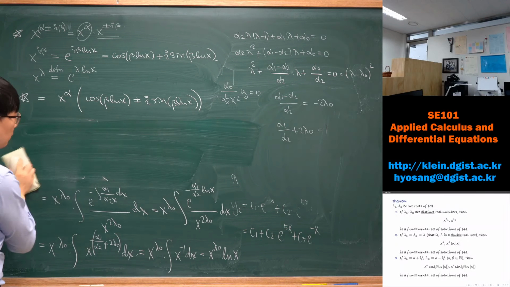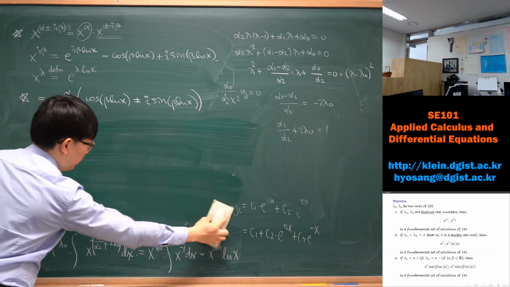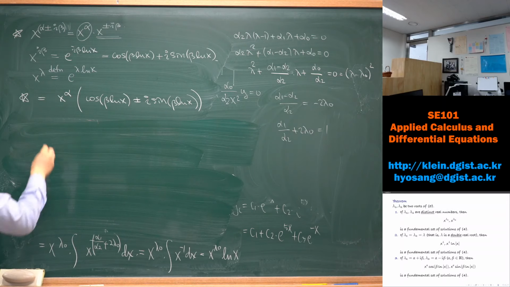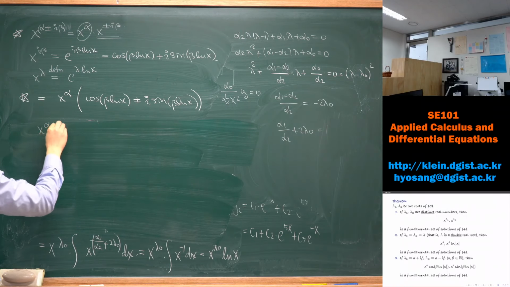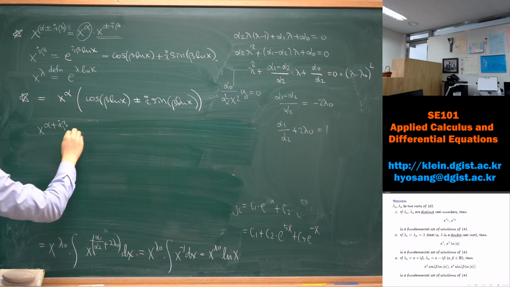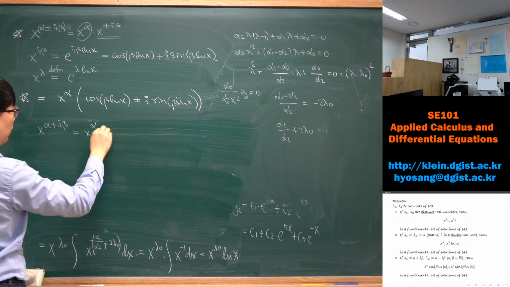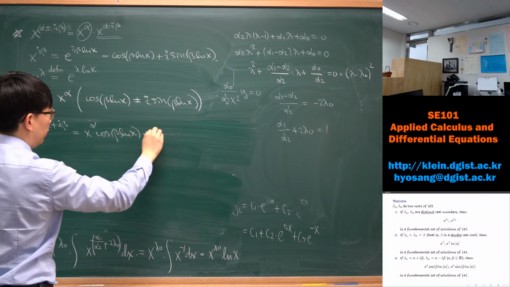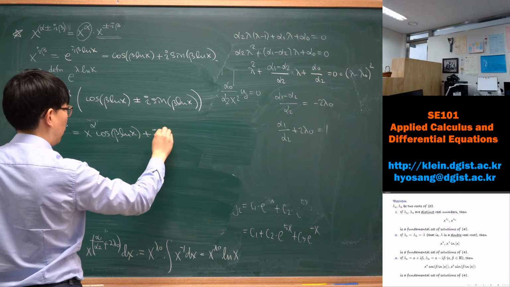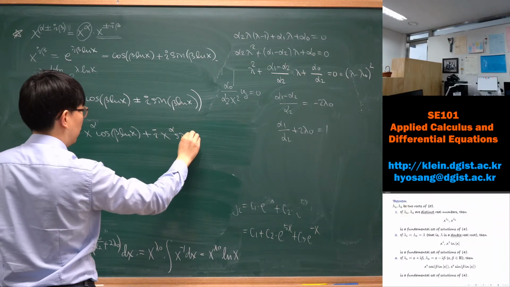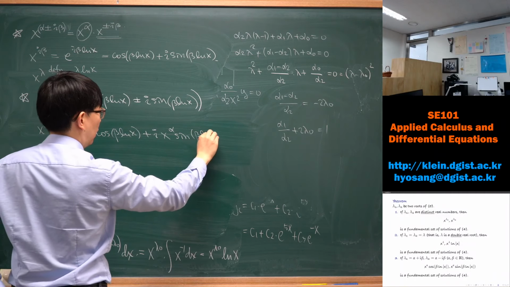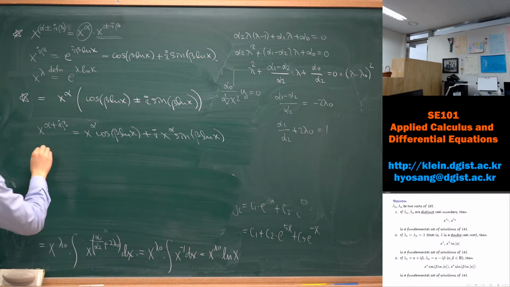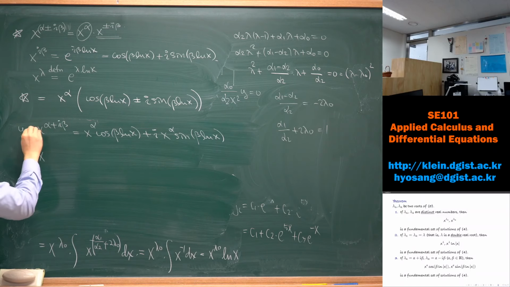So in principle, you have two fundamental solutions. One is x to the alpha plus I beta, which is x to the alpha cosine beta ln x plus I x to the alpha sine beta ln x, and this is y1.